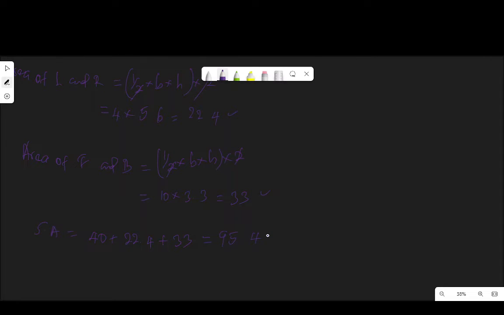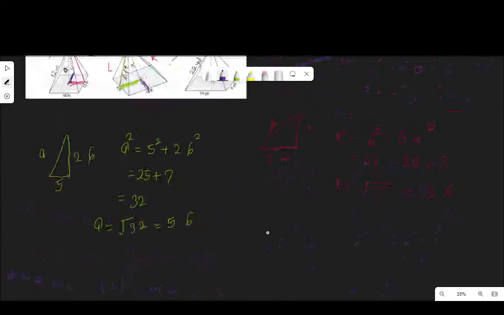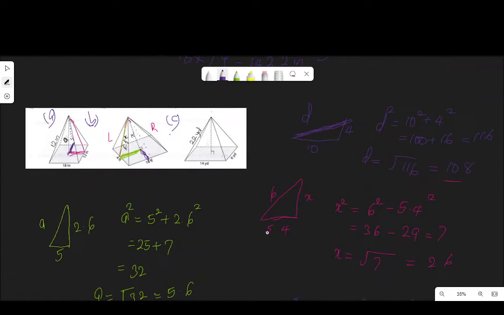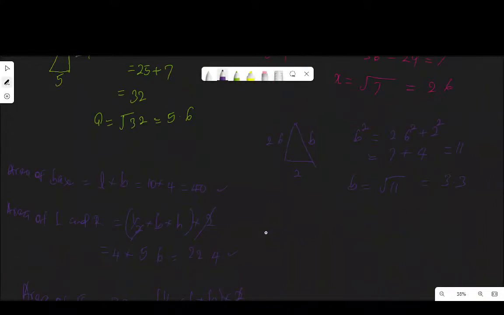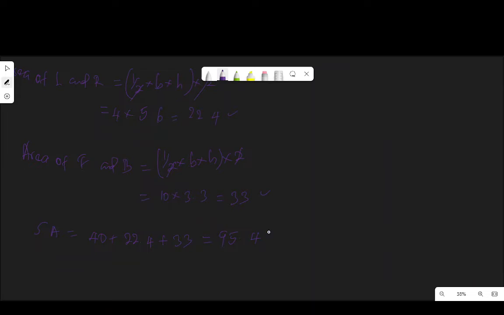What was the unit? The unit is feet squared. That is the surface area of that pyramid.